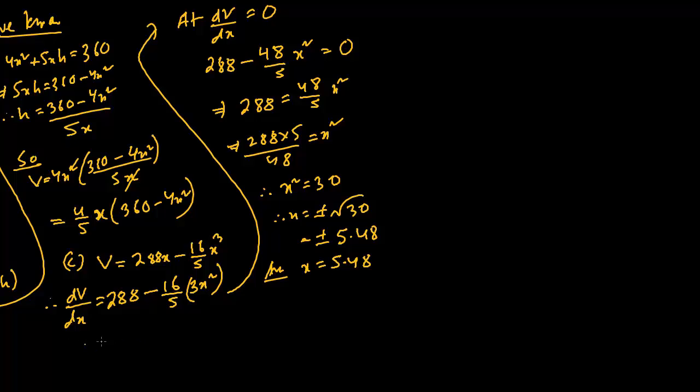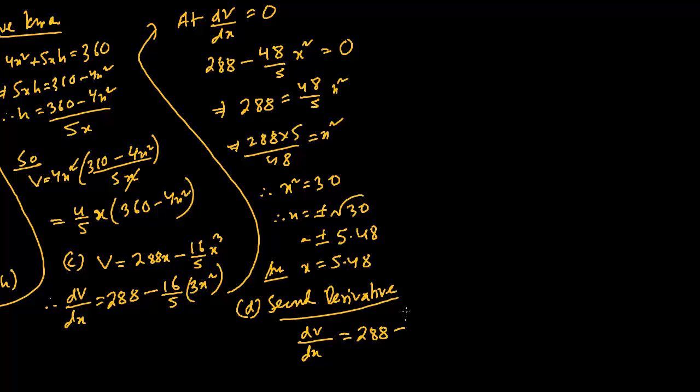This is question number D. So second derivative. So we know that dv by dx is equal to 288 minus 48 by 5 x squared. So the second derivative is going to be, therefore d2v by dx squared equals to, if you differentiate 288 it becomes 0. So minus 48 by 5, and the derivative of x squared is 2x.